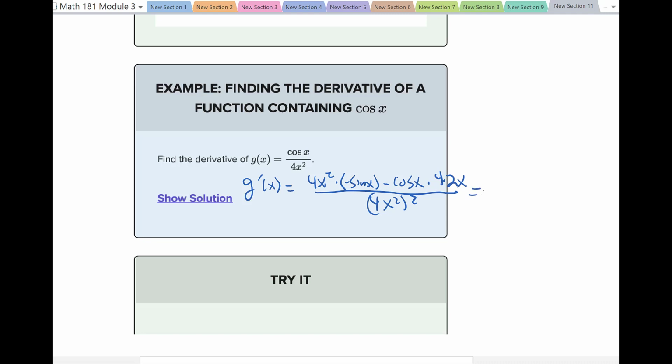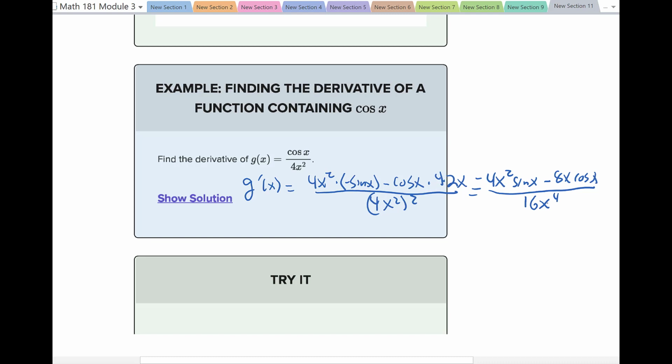So we end up with negative 4x squared sine x minus 8x cosine x over 16x to the fourth.